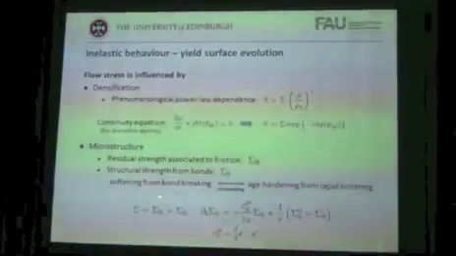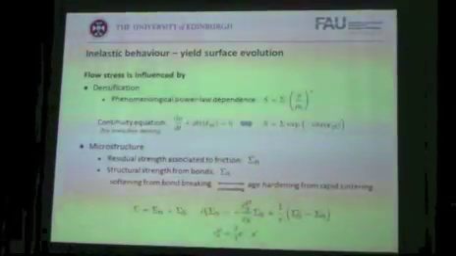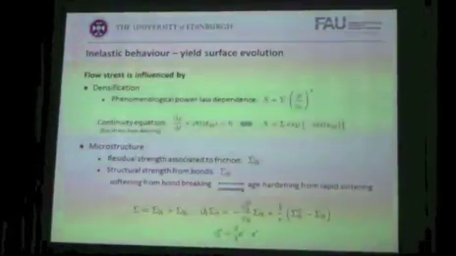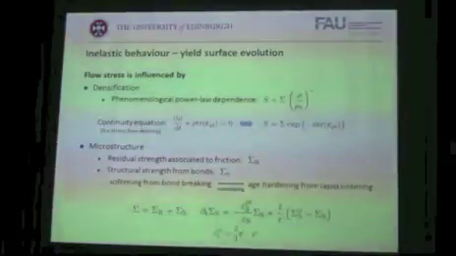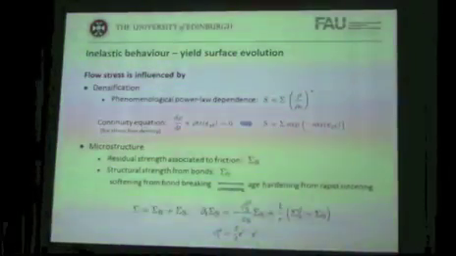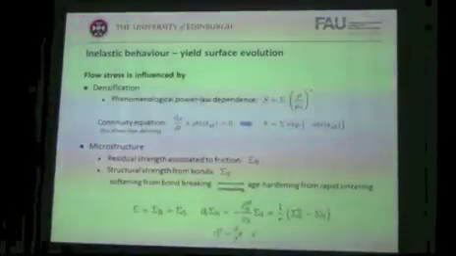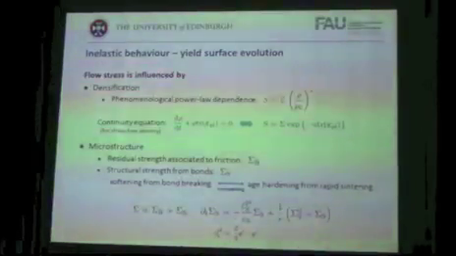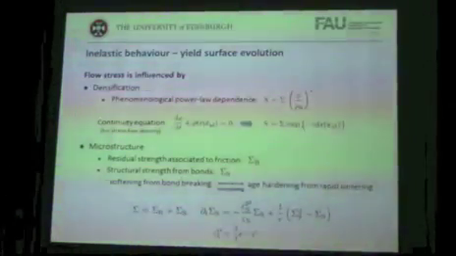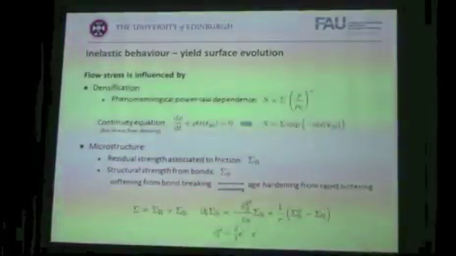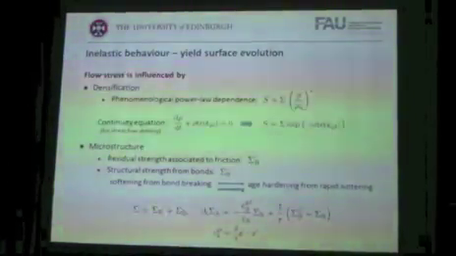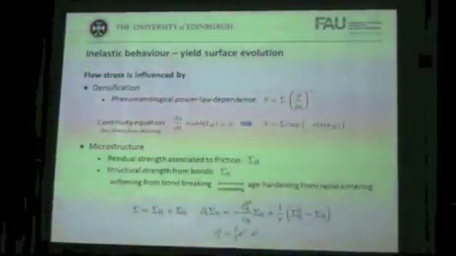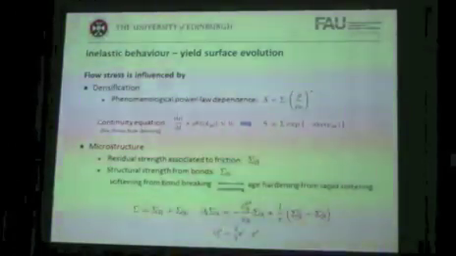The second part is that we know the microstructure has some kind of residual strength which remains even when the bonds between the grains have broken. So this is more or less related to the friction of the bonds, and in addition the structural strength from the bonds. There are two competing mechanisms. On the one hand, of course, the softening from bond breaking, but there's also a competing mechanism by the hardening from the rapid sintering.